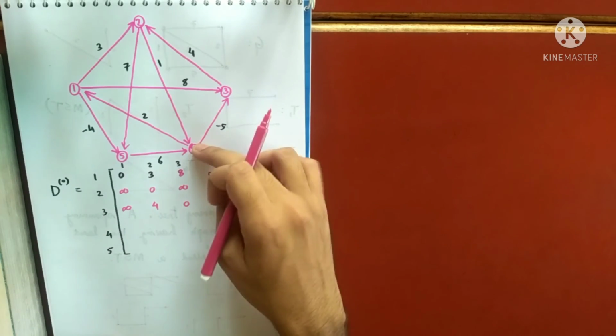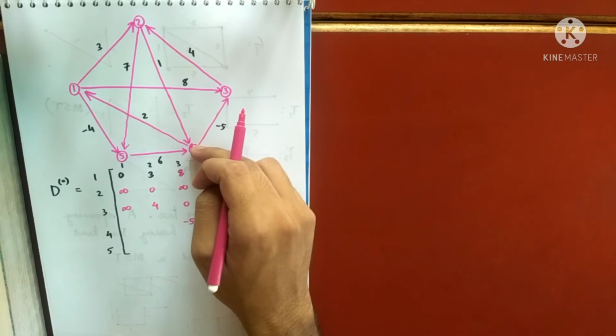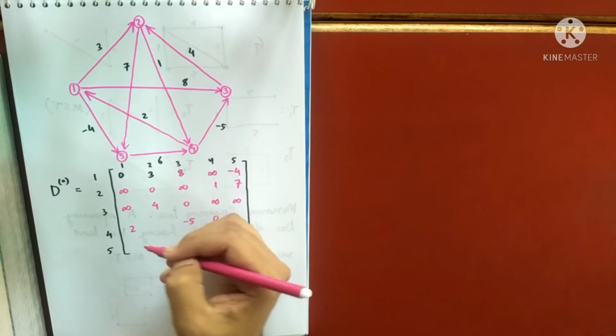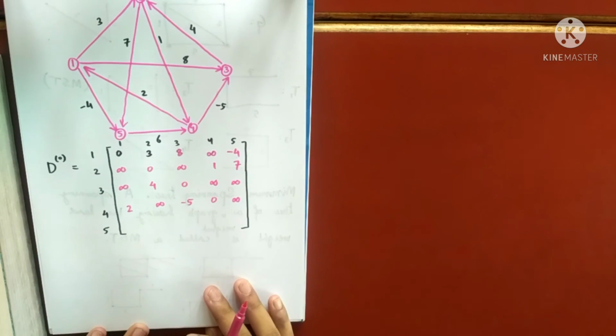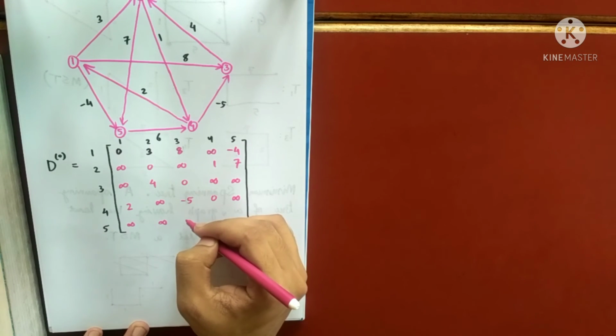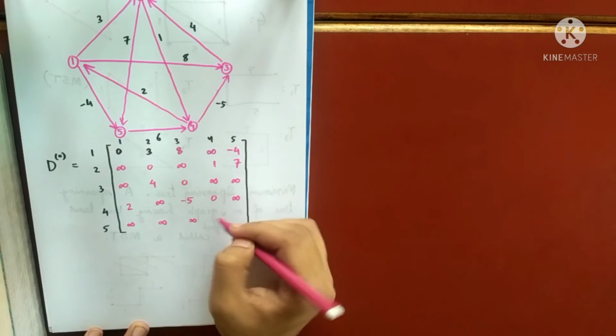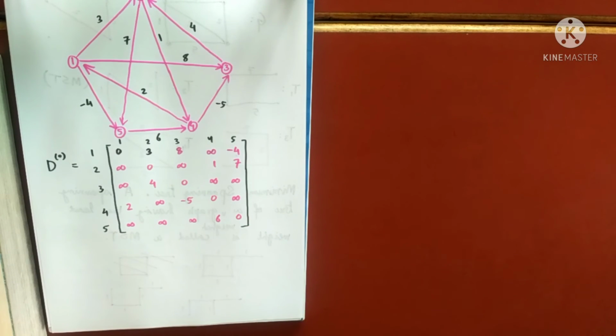So 4 to 3 is minus 5. 4 to 4 will be 0. And 4 to 1 is 2. And there is no other, so infinity, infinity. And this one definitely infinity, infinity, infinity. It is only going to 4, having the length 6. So this is your initial weighted matrix.